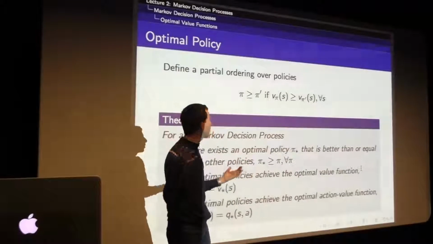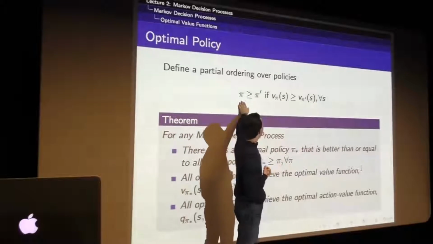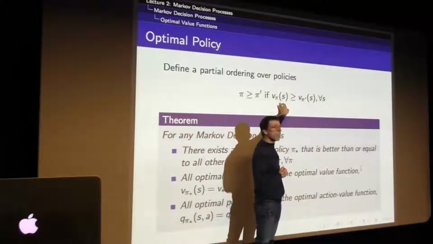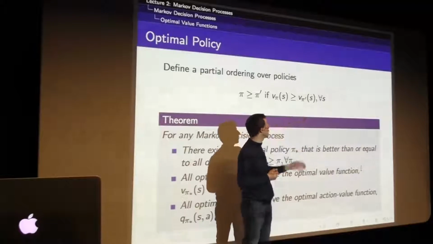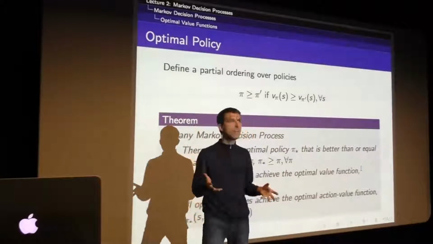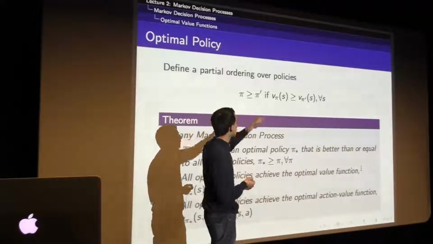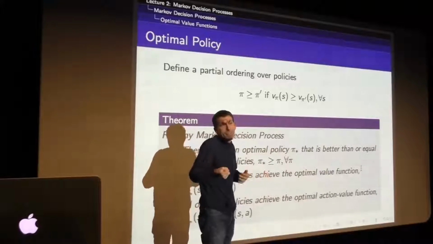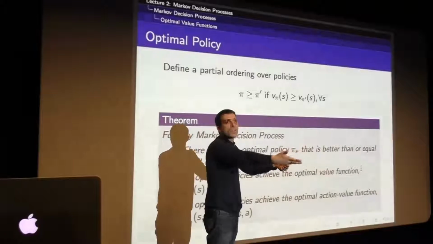This is going to be some partial ordering over policy space. It basically tells us the intuitive thing, that one policy is better than another policy if the value function for that policy is greater than the value function for the other policy in all states. Okay? So greater than or equal to in both cases. So what this means is that it's not possible to say a policy is better than another policy if it's actually worse than that policy in one state.